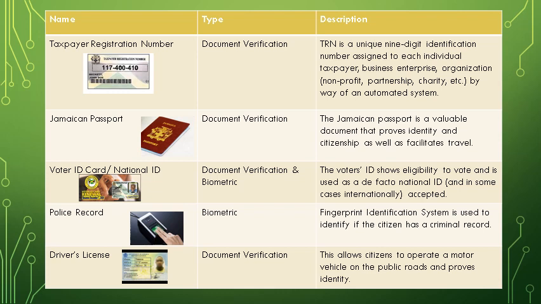The TRN is a unique 9-digit identification number assigned to each individual, taxpayer, and business enterprise organization, such as profit and non-profit entities, partnerships, charities, etc., by way of an automated system.